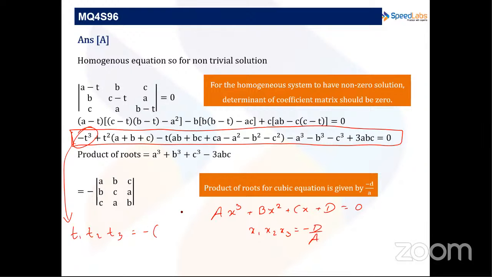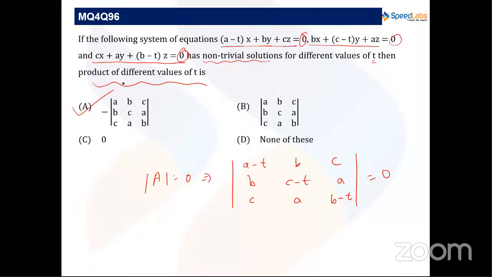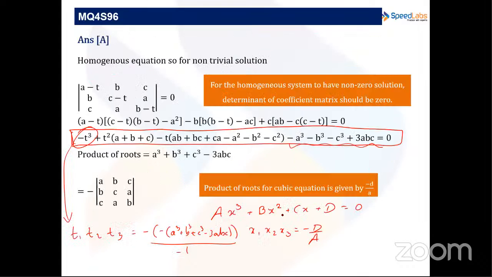So this will be equals to minus of d, taking minus sign common, a cube plus b cube plus c cube minus 3abc upon a, that is minus 1. So the answer is option number A. You must know this thing, okay? That this determinant value we obtained is a cube plus b cube plus c cube minus 3abc.